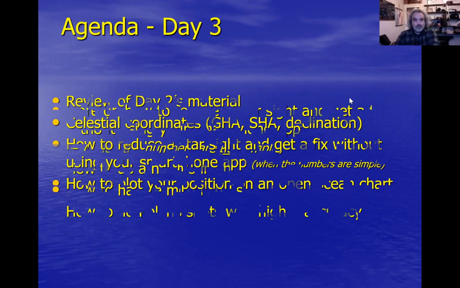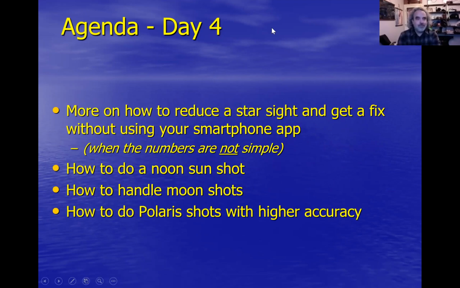Let's do a little bit of review first. Here's the agenda for day 4. How to reduce the sight when the numbers are messy. Also, a noon sunshot. This is really important because back before GPS existed, when people had to do celestial navigation because that was the only choice, most people did not do star shots.